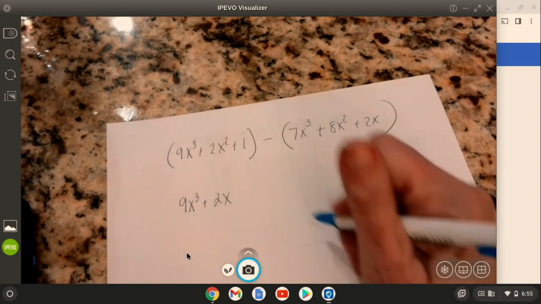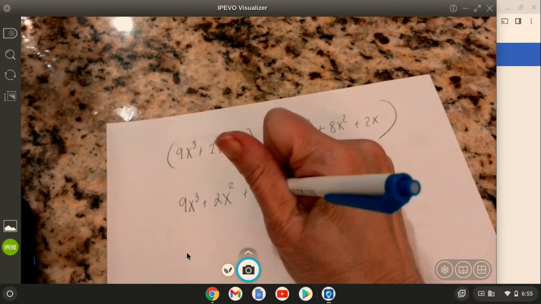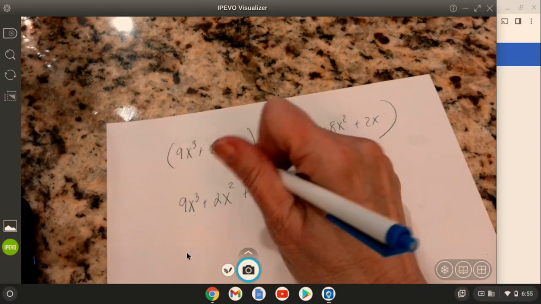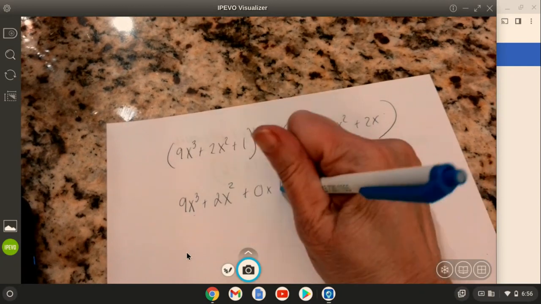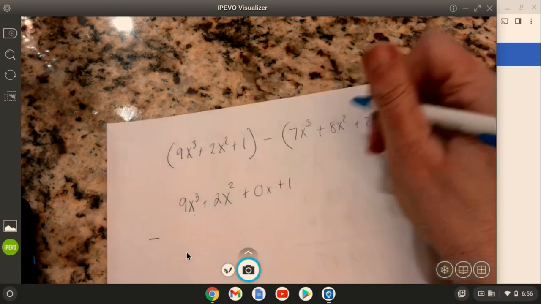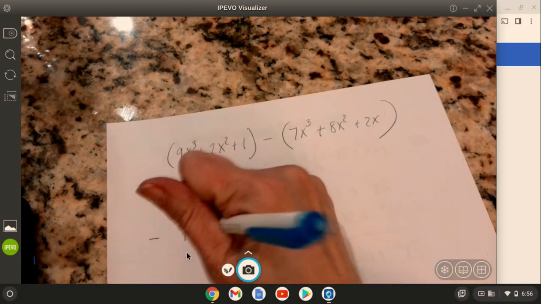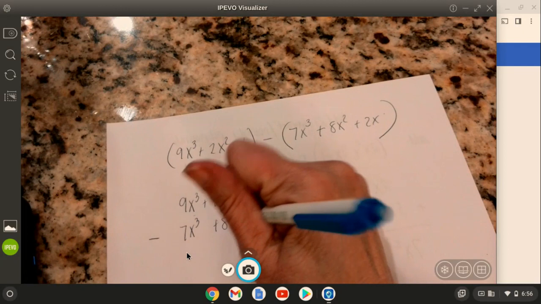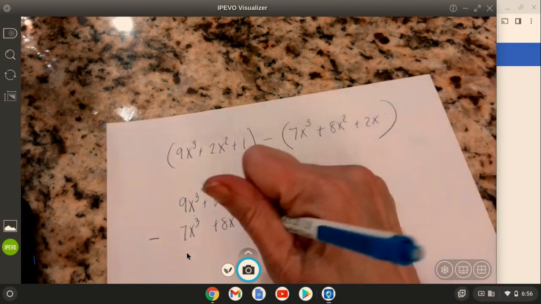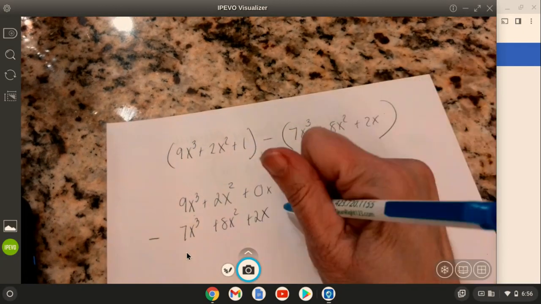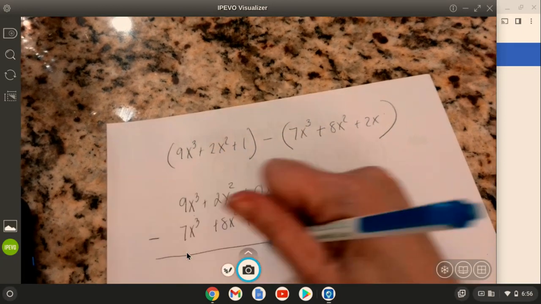I've got my x to the third, my x squared. I don't have an x term, so I have 0 x's, and I have a 1. I'm subtracting 7x to the third plus 8x squared plus 2x, and I don't have a constant term there.